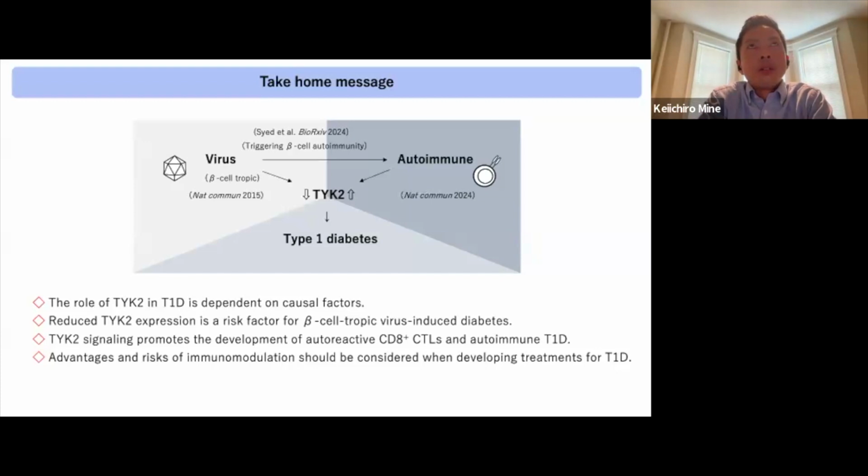After the treatment with TYK2 inhibitor, the autoimmune responses were suppressed in the immune cells and also beta cells. And also in other organs such as lymph node, and all of them were orchestrated to suppress the development of type 1 diabetes.